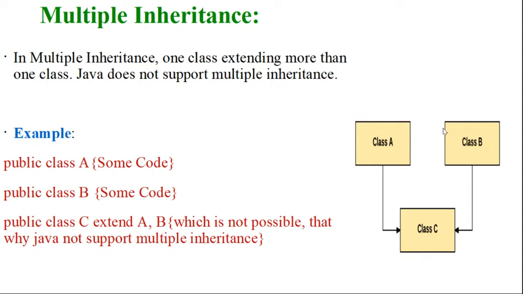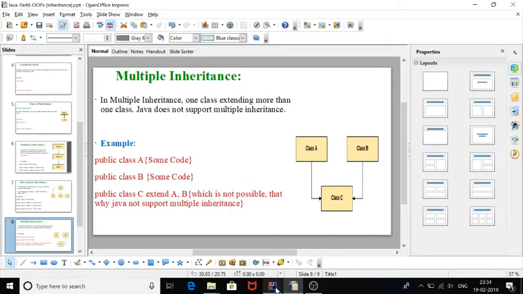In Java, multiple inheritance is not possible, but there are some ways to achieve this, which we will discuss in later videos. Multiple inheritance is when one class acquires the property of more than one class, two classes.